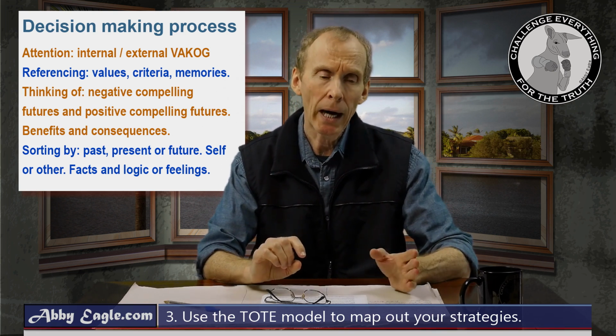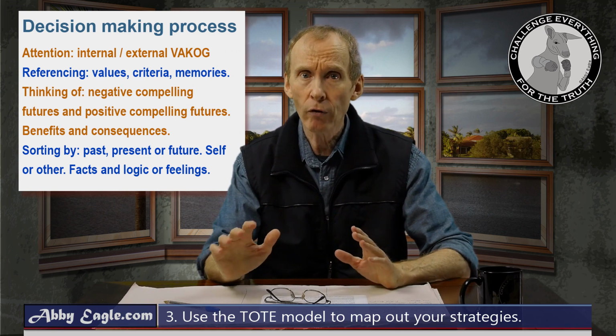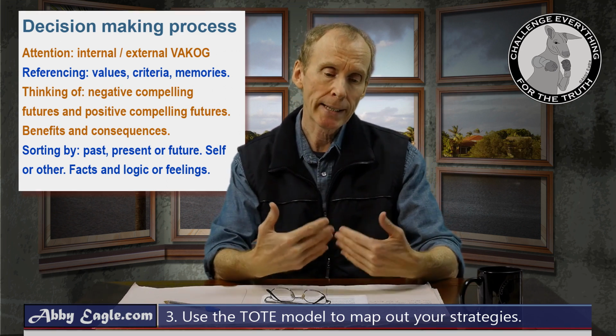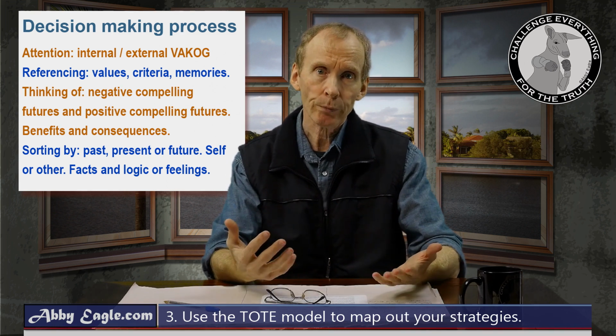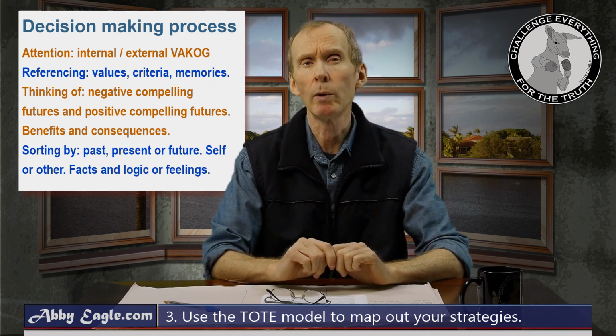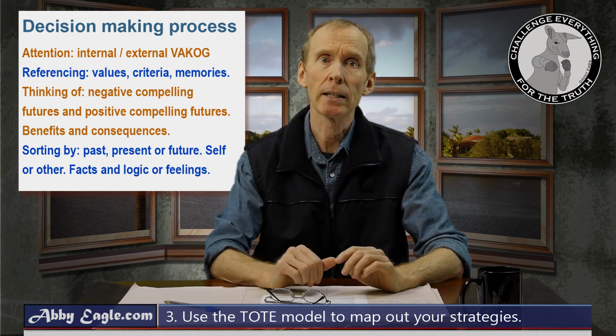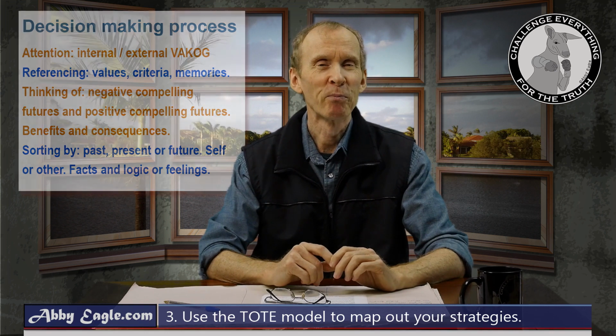You may be past, present, or future oriented. You may be sorting by self or other. You may be thinking more in terms of facts and logic or more in terms of feelings. For more information about NLP metaprograms and personality traits, see my videos on those topics.